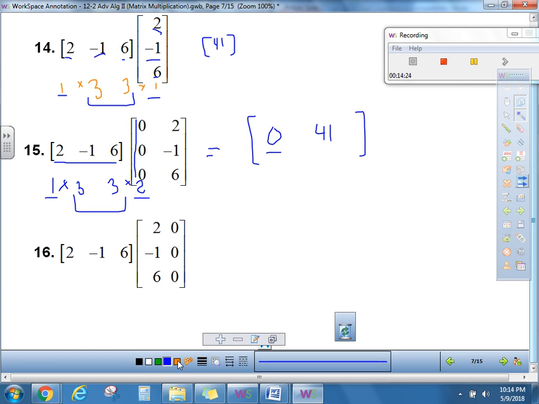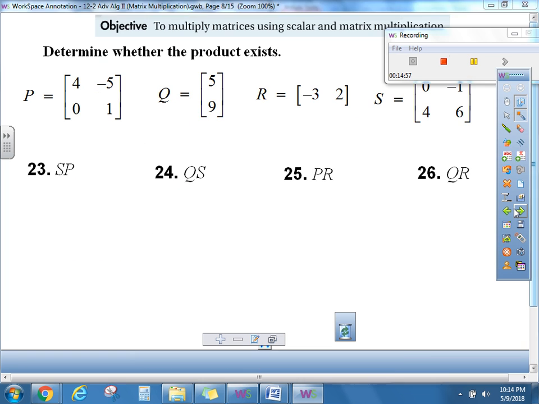The next one, we're going to do 2 times 2 going this way, which is 4, plus negative 1 times negative 1, which is 1, and 6 times 6, which is 36 again. Those same values. And so we get 41 right here. So here is our 1 by 2, 1 row, 2 column matrix that results.